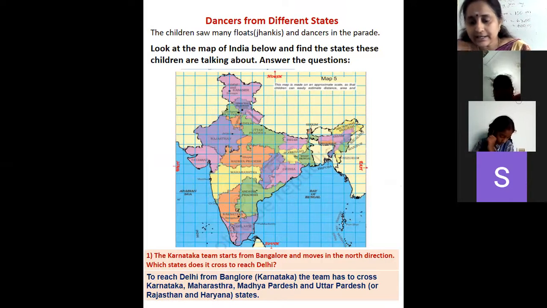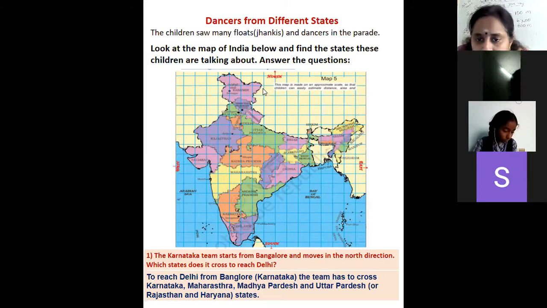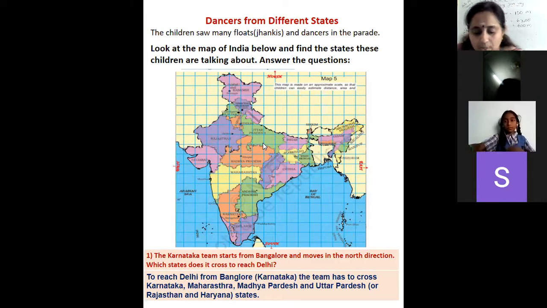So each side of the square is 1 centimeter, isn't it? Suppose from here to here, if I am moving 1, 2, 3, 4, it is 4 centimeters. Each side is 1 centimeter here. Let us answer the questions first.